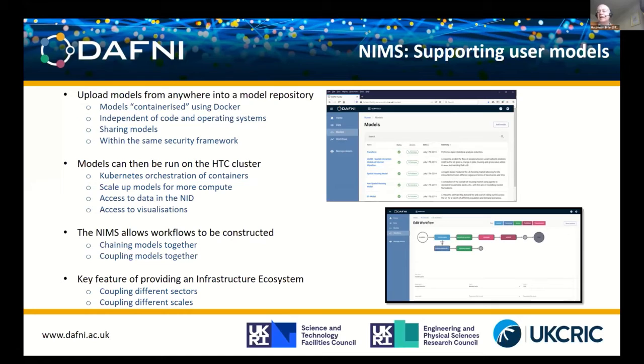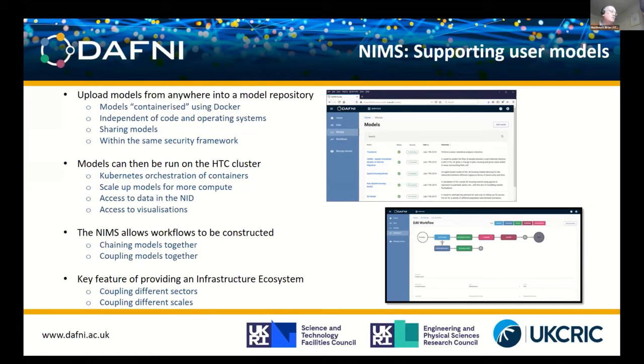So it gives us a way of uploading models, sharing models, and executing them, and then they're running on our high-performance cluster using a system called Kubernetes to orchestrate them, accessing the data we hold in the NID in the same security model, and then executing them and producing visualizations.